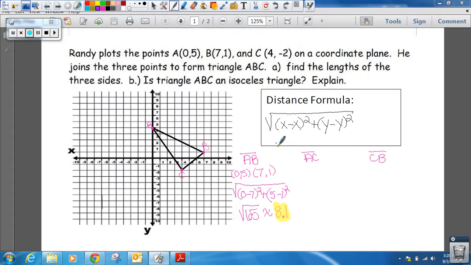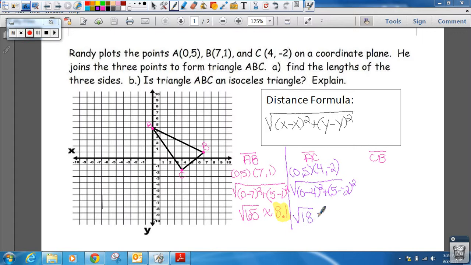AC then, A is still at 0, 5. C is at 4, negative 2. So I have the square root of 0 minus 4 squared plus y minus a negative 2, so be careful there, squared. What I do to get this exact, I just put everything inside the square root symbol in my calculator, and it will simplify it for me to the square root of 18.